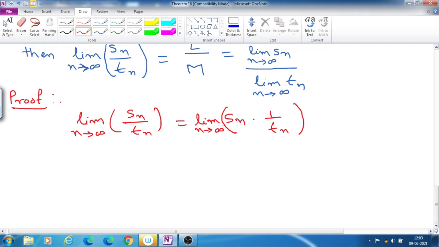So this is a product of Sn and 1 upon Tn, and by the above theorem we can separate this.